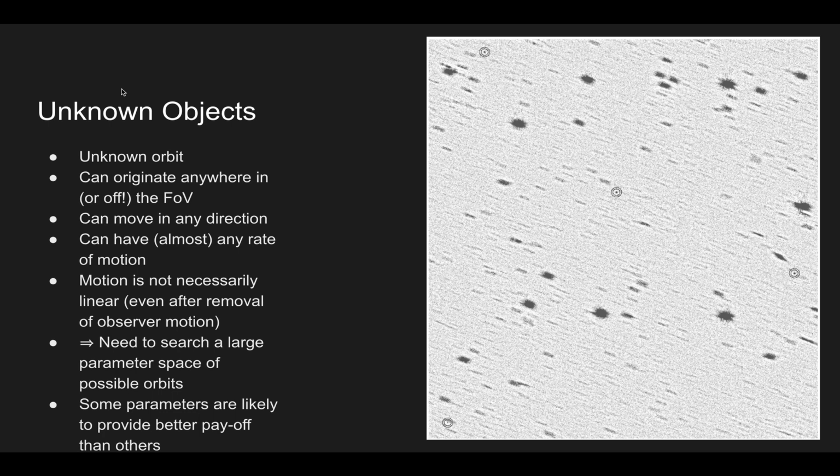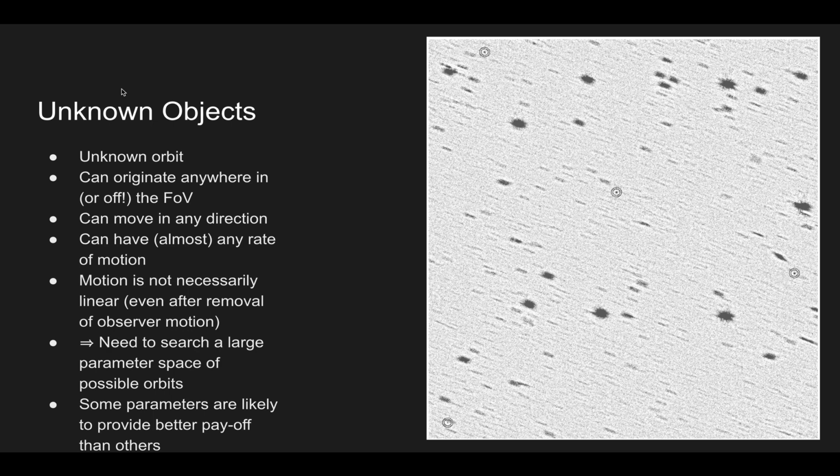In this CFHT example I showed before, the authors are just searching for motion parallel to the ecliptic, and that yields great results very quickly because there's a lot of objects in the Kuiper Belt moving parallel to the ecliptic. But if we want to exhaustively search for unusual objects moving on unusual paths, then we have to search through a vast range of parameter space.